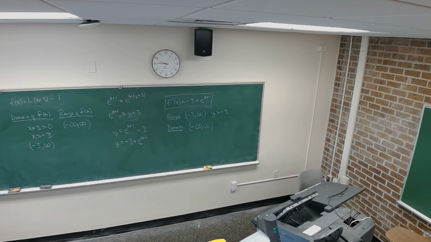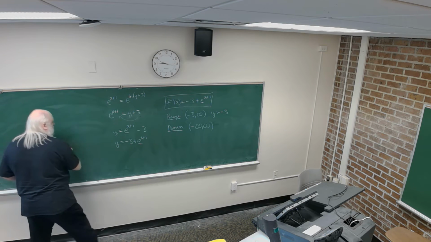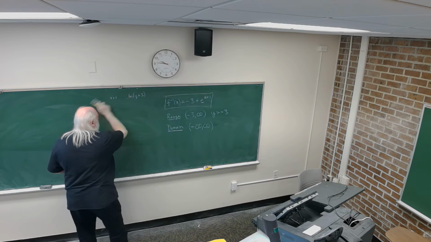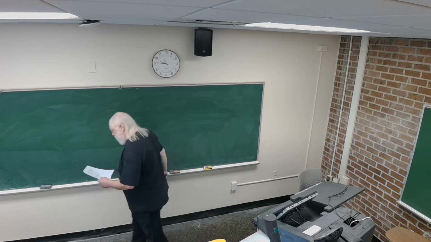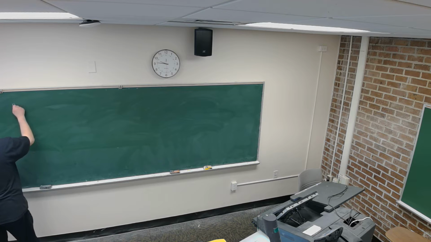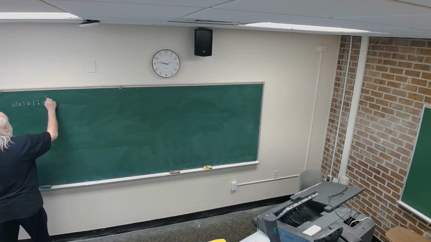In A, you're asked, what is the relative rate of growth of the fish population? We have n of t, the number of fish at time t, equals 12 times e raised to the 0.012 t power.